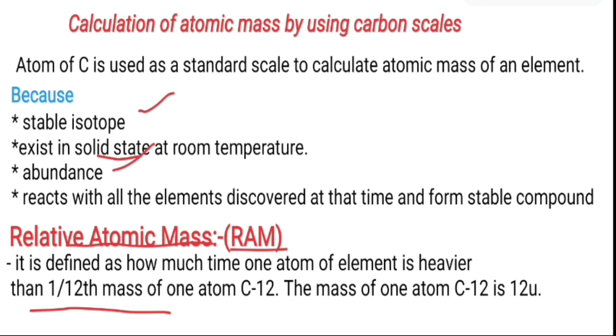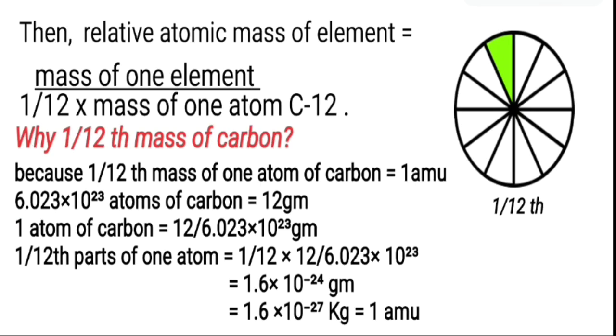Okay, now the question comes, why 1/12th? Because 1/12th the mass of a hydrogen atom is 1 atomic mass unit. You can see, if we take 6.023 into 10 to the power 23 atoms, we get a weight of 12 gram, because carbon contains 6 protons and 6 neutrons.